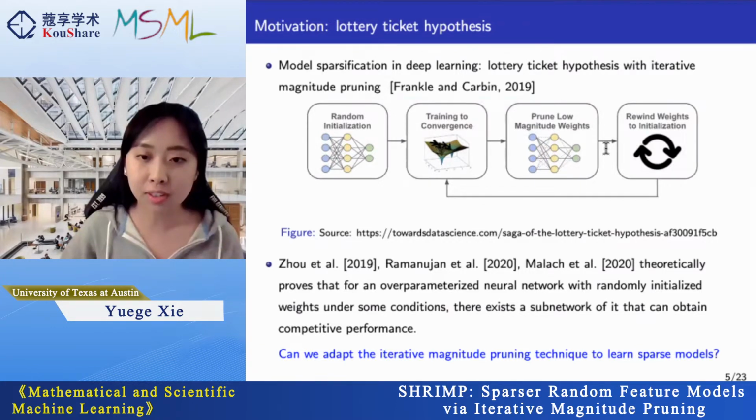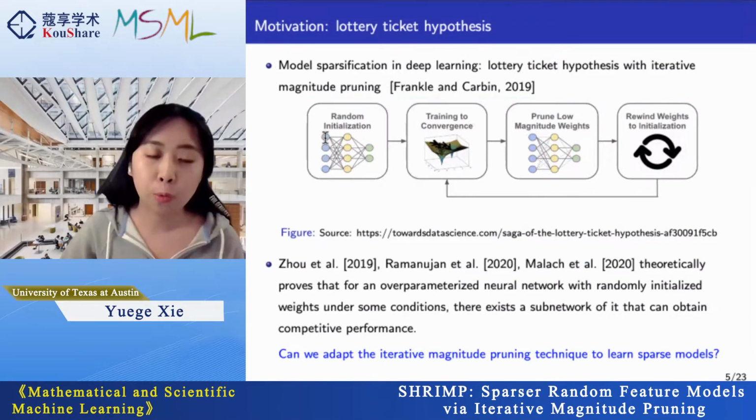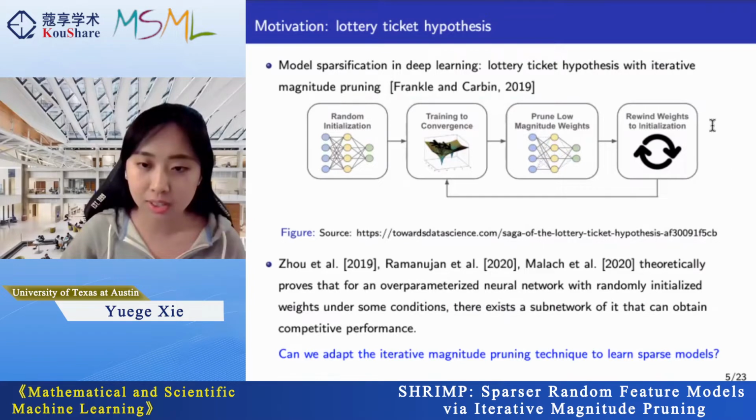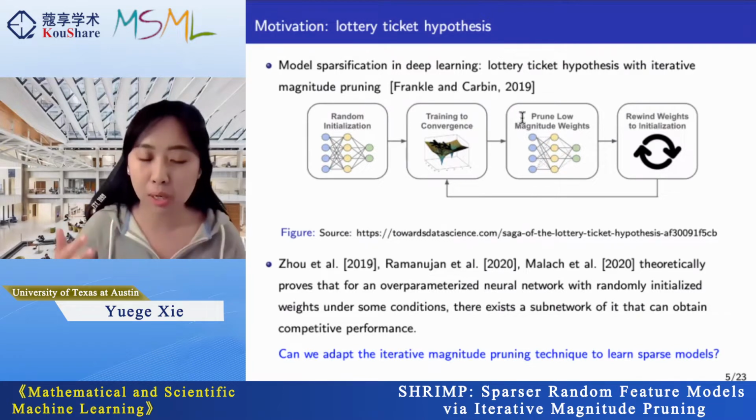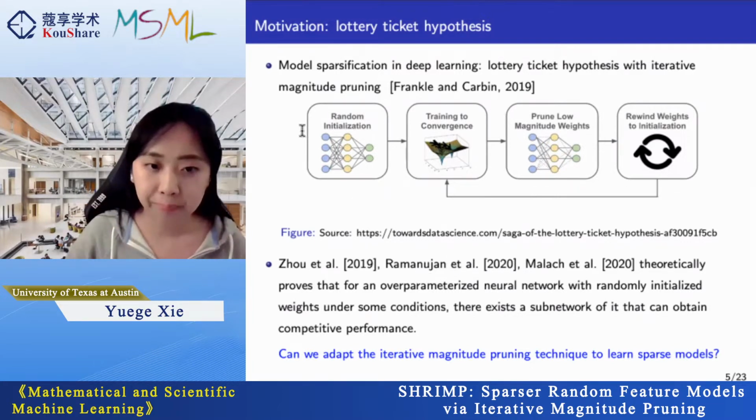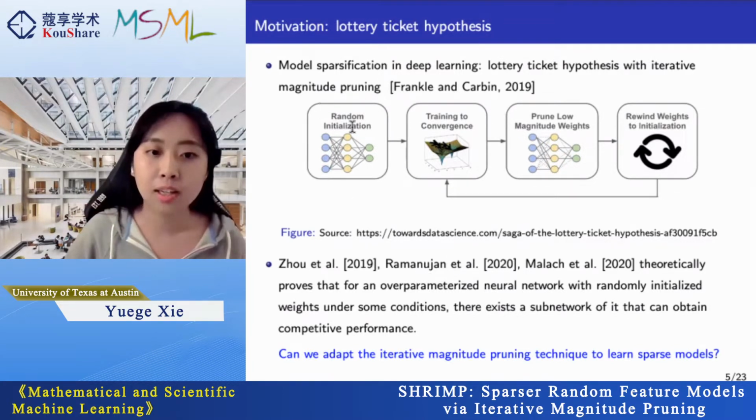After that, we rewind the weights to the same initialization we had at the very beginning and loop for further steps. After this iterative process, we can get a sparser network that has similar or even better performance compared to the fully connected network we trained in the very first stage.